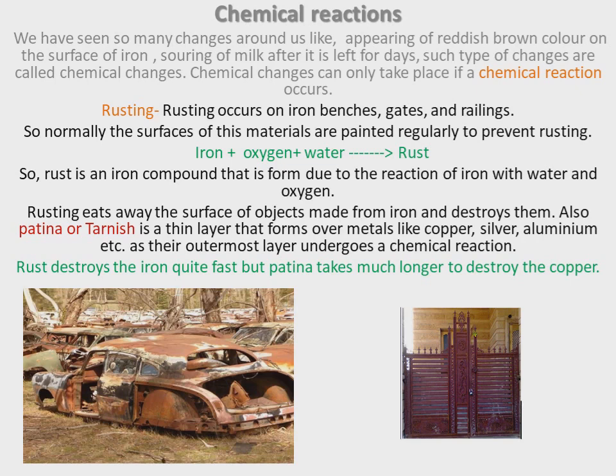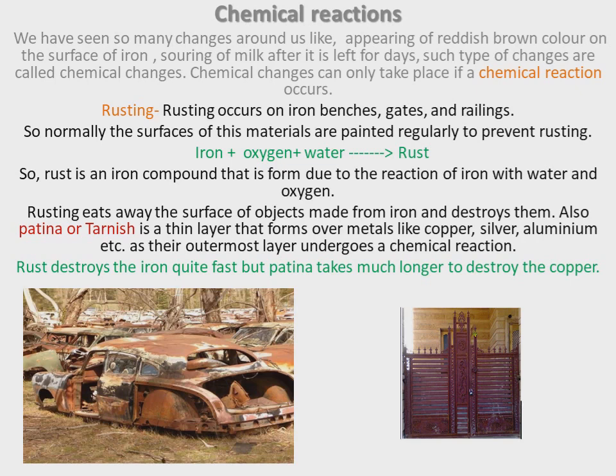Rust is formed when iron reacts with oxygen and water. So rust is an iron compound that is formed due to the reaction of iron with water and oxygen. Rusting eats away the surface of objects made from iron and destroys them, as shown in the picture below.